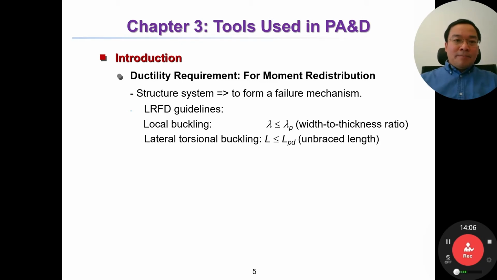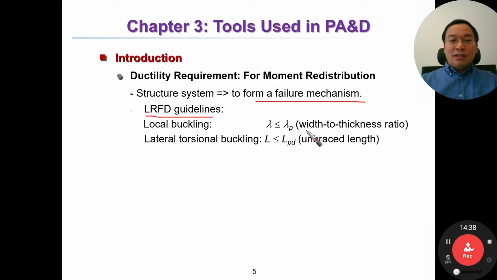In the LRFD guideline, it is required to ensure that the system forms the failure mechanism. LRFD requires first the local buckling check: lambda should be smaller than lambda p.